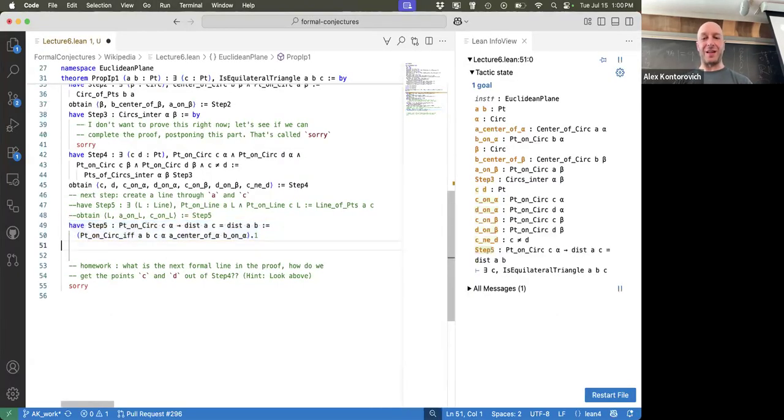So now step 5 says this, and that's still a function, the step 5 that we built up so far. It's a function that takes the fact that C is on alpha, if we could prove that, and gives as a consequence that the distance from A to C is equal to the distance from A to B. So, do we have a proof that C is on alpha?